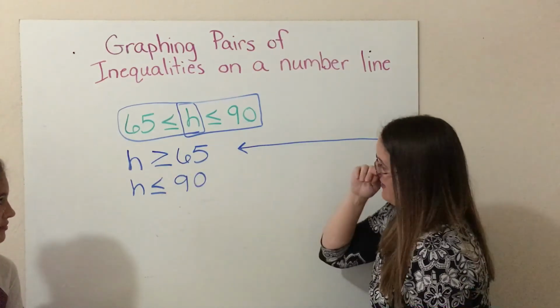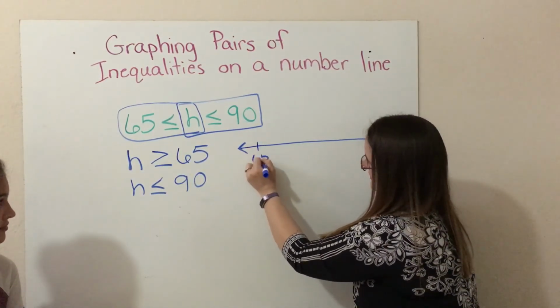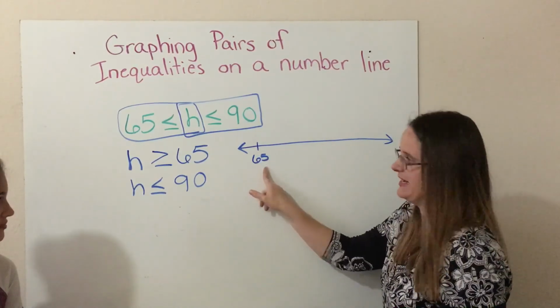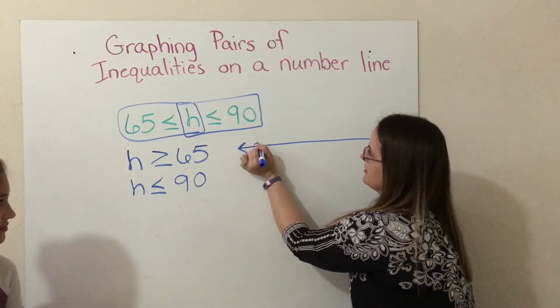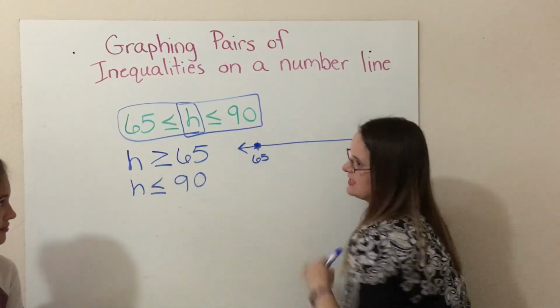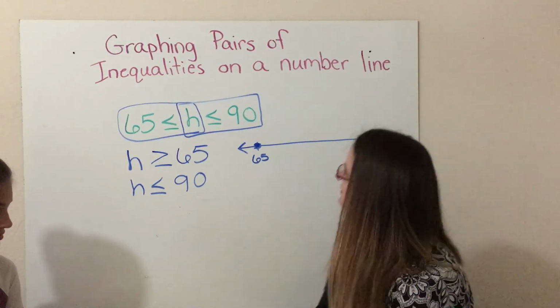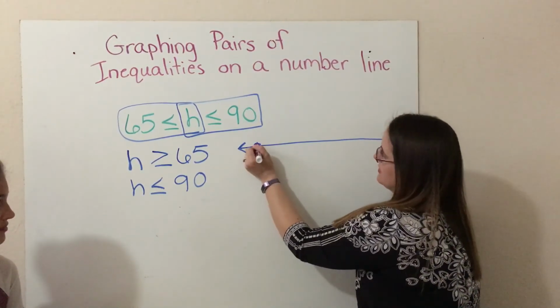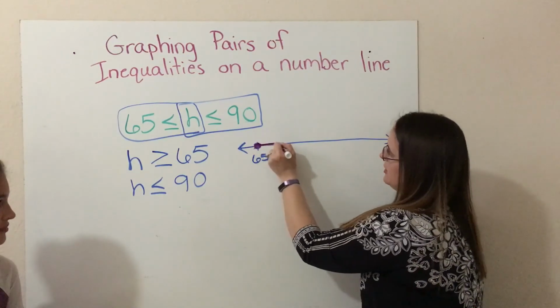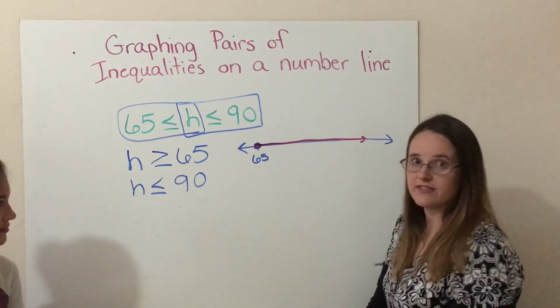If I were to graph h is greater than or equal to 65, I'd put 65 on my number line here, and I'm going to give it a closed dot because of the equal sign. And actually, let's do this in a different color so we can see it a little better. So, there's my h. Could be equal to 65, or it could be anything greater than 65.